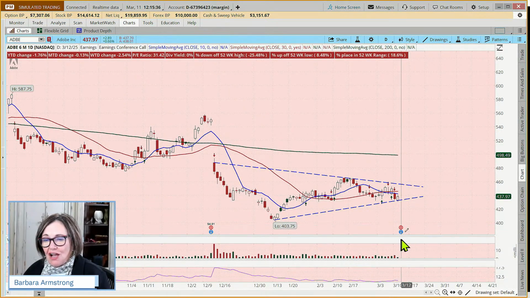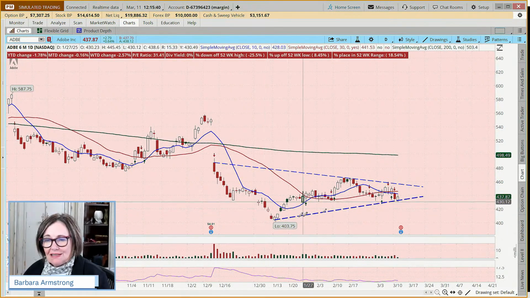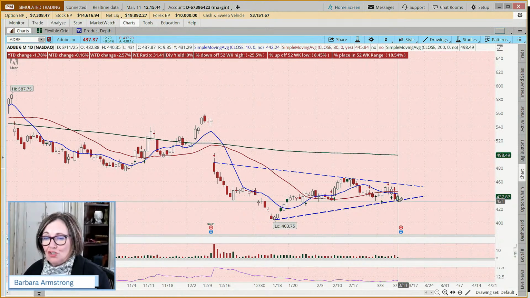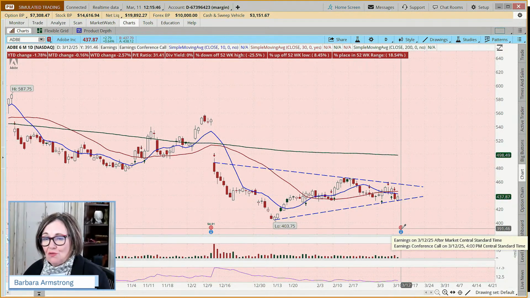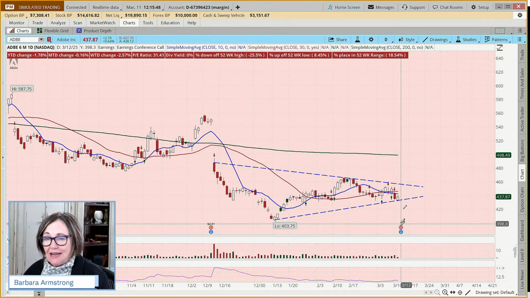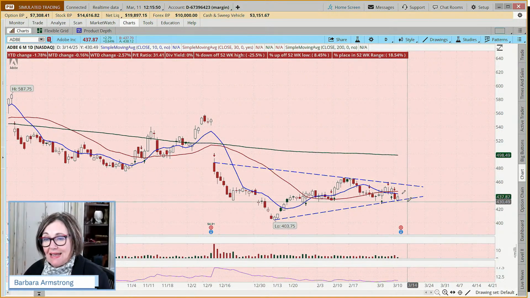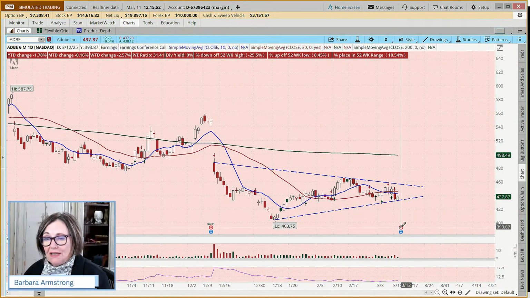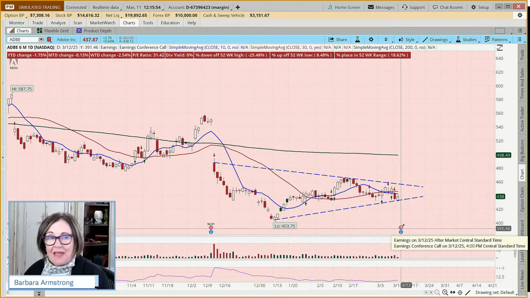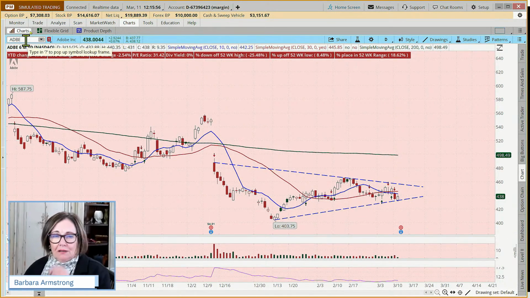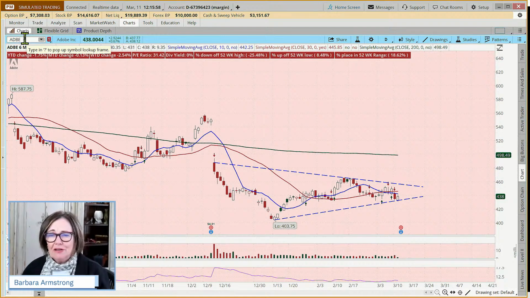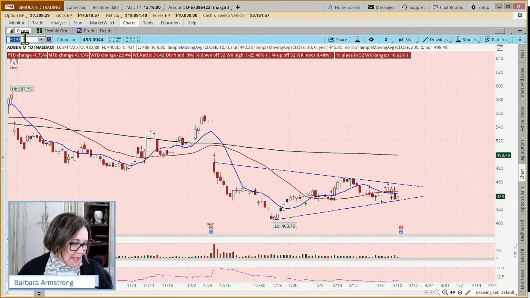Now we're just ahead of earnings. But it looks like this may be acting as a support level, and we'll just have to see if this breaks to the upside or downside, or maybe it'll just stay, but earnings on this one is tomorrow after the market close. But we've got another pennant or triangle pattern happening there also.